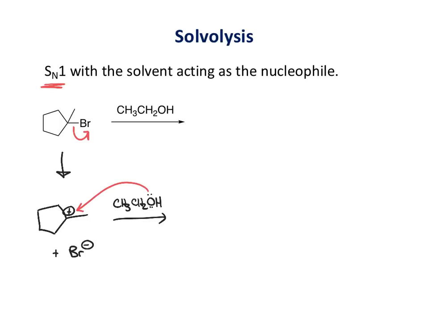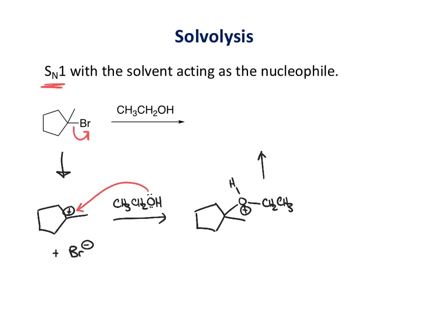That O attacks the carbocation. It still has the proton on it at first, and then we just need to take that proton off.